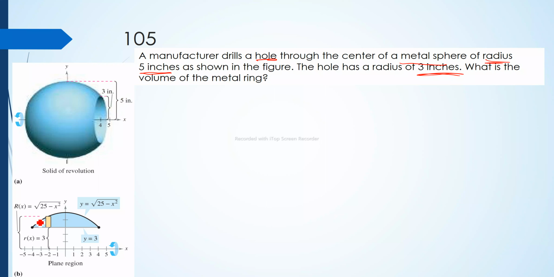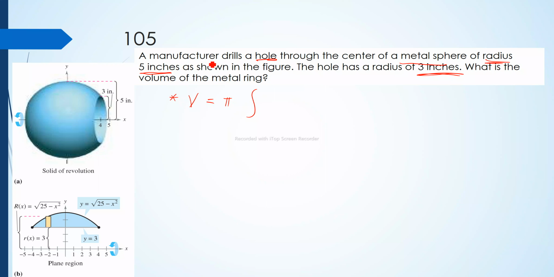As you can see here, we can use the washer method. The volume is just equal to pi times the integral of, so the strip here is a vertical strip, therefore our lower and upper limits are along the x-axis, and this is revolved along the x-axis.